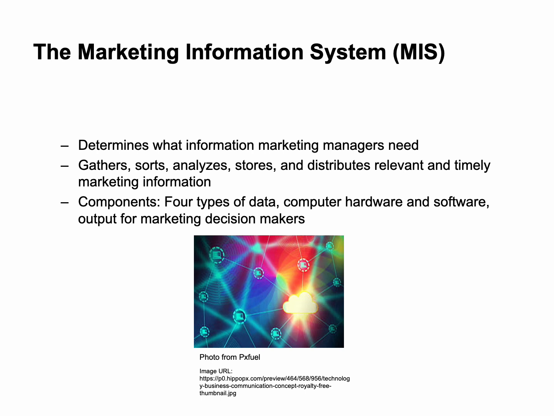This slide explains how MIS determines managers' information needs, such as sales trends or customer preferences, and gathers data from 4 sources: internal company data, e.g., sales records; market intelligence, e.g., competitor pricing; market research, e.g., surveys; and acquired databases, e.g., demographic data. For example, a retailer like Walmart uses MIS to analyze inventory turnover, optimizing stock levels.